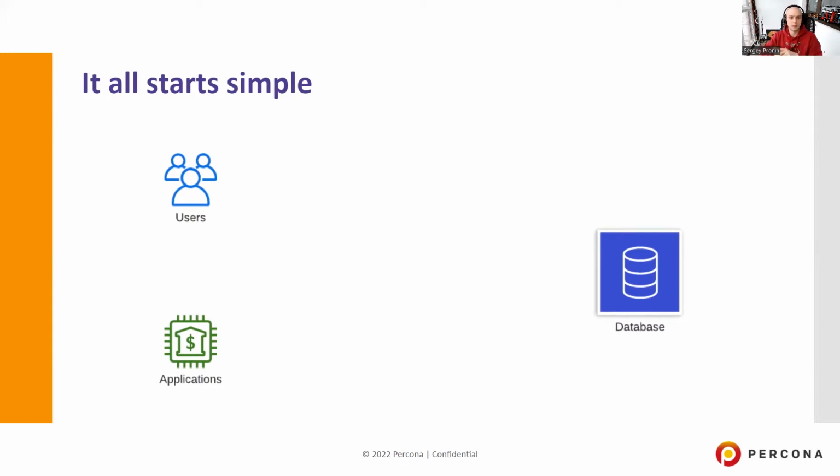Both the application and the user want to do something with the database. They want to get the data, insert something, drop some tables and databases, right? And to do so, obviously, the database needs to know who they are and whether they have access. So we talk about authentication and authorization.